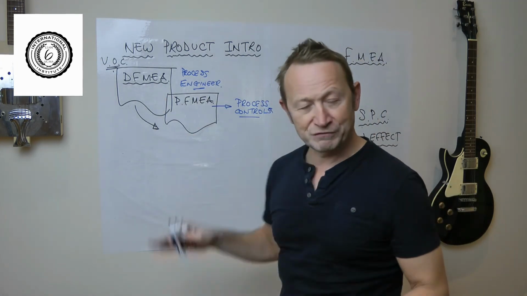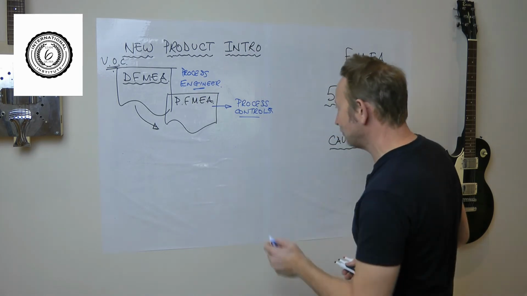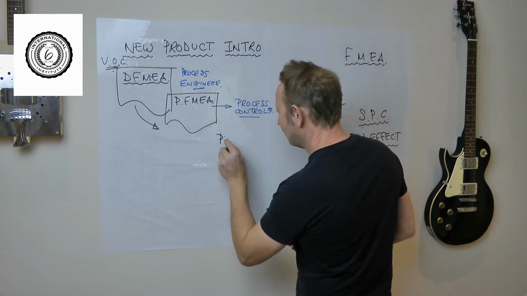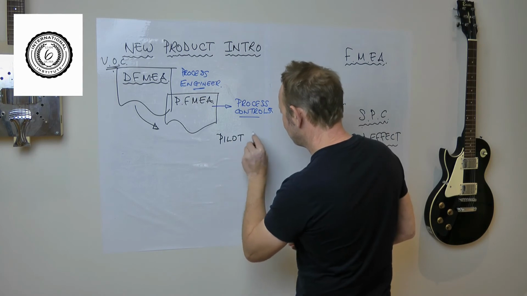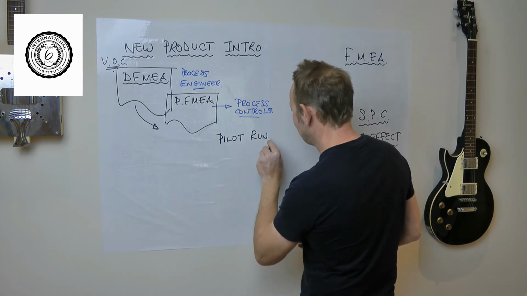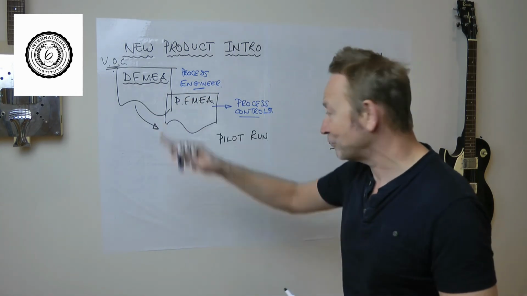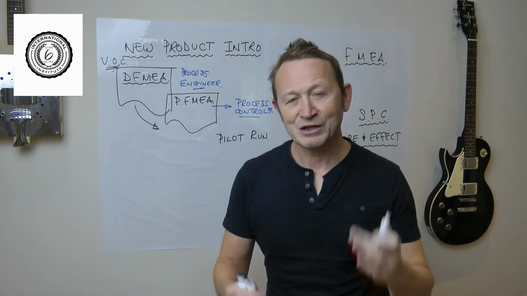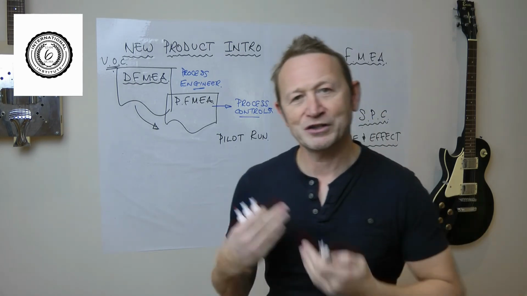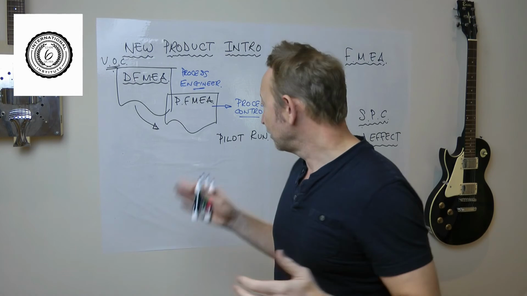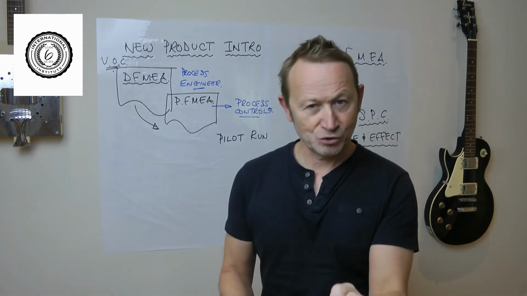Once you've designed the process, you're going to move to doing real things. The first thing you're going to do is a pilot run. You might do prototypes before this, and I appreciate there might be some prototype work up here, but we're assuming that the product's been designed and we're going to make the item. Now some other tools you're going to use.